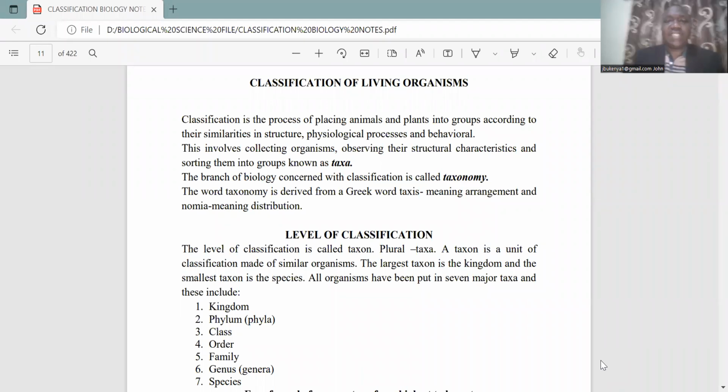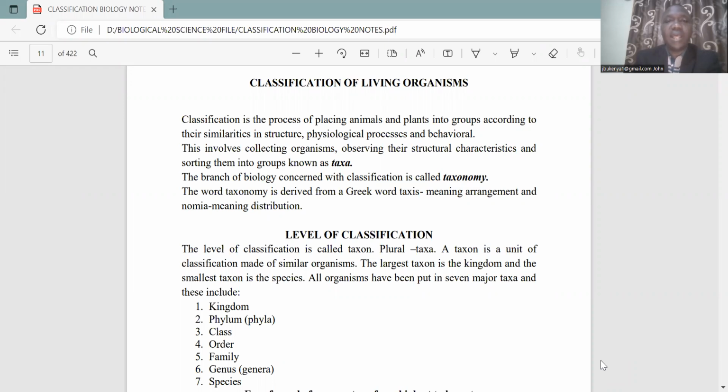In the first slide here, which you can see on your screen, classification is the process of placing animals and plants into groups according to their similarities in structure, in physiology, and behavior.